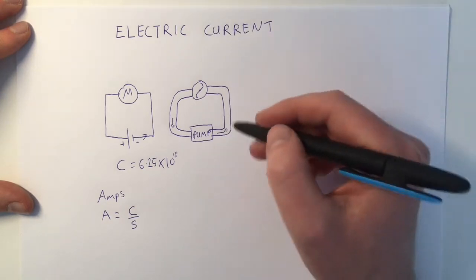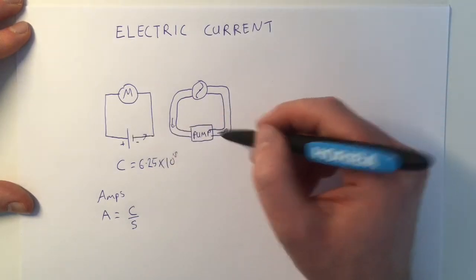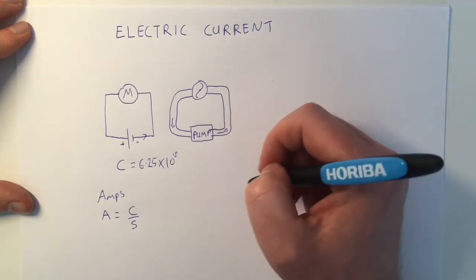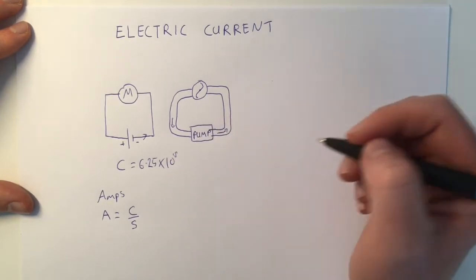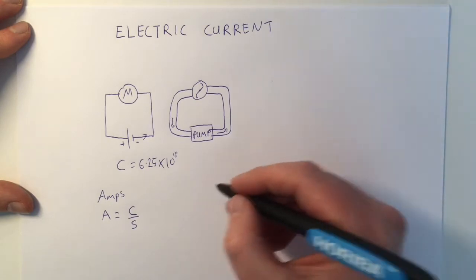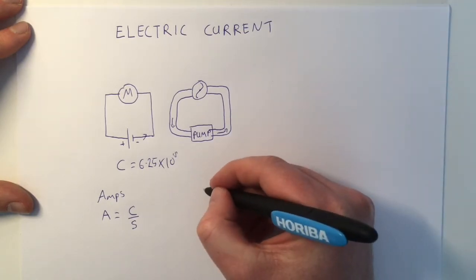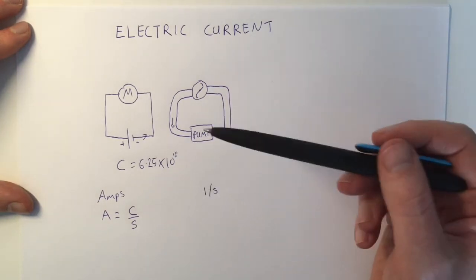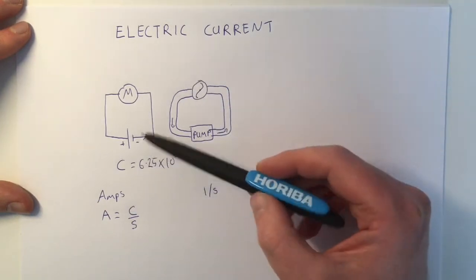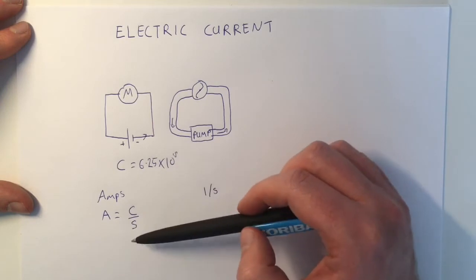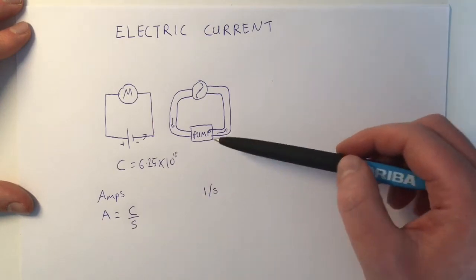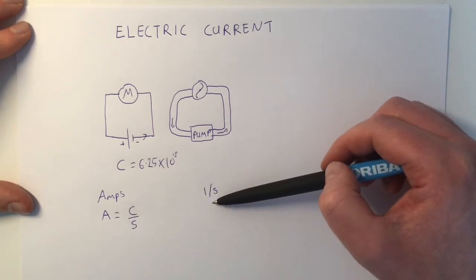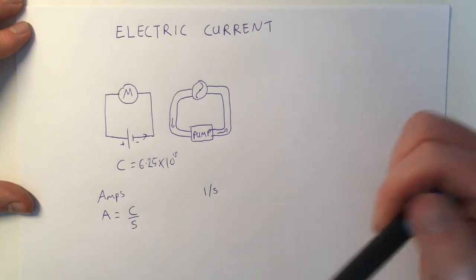So if we want to build this analogy, then we're going to have a particular flow rate of water, which we would probably measure in litres per second. So in the electrical circuit, we've got current measured in coulombs per second, and then in the water circuit, we've got current measured in litres per second.